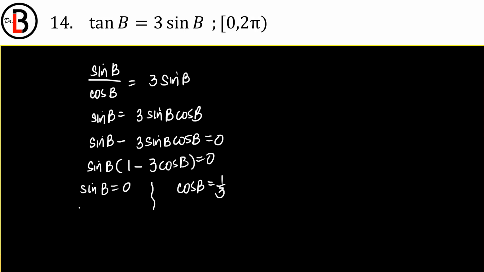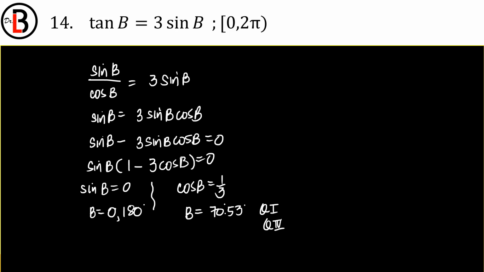So here, when is sine equal to 0? When B is 0 or 180 degrees, right? Now, when is cosine B equal to 1/3? Can you please solve this for me? What's the arc cosine of 1/3, guys? So 70.53 degrees. But that is in the first quadrant. What about in quadrant number 4?